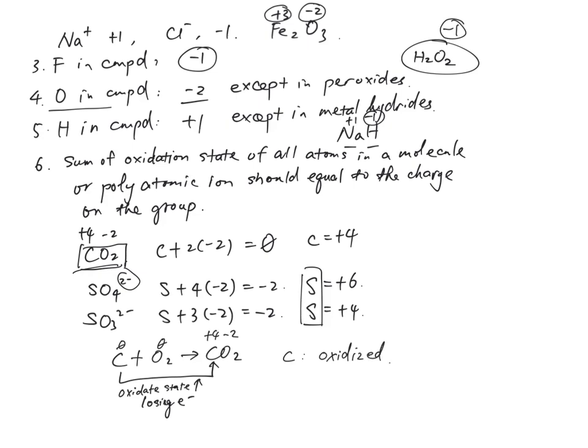So carbon is oxidized, and of course in this case then oxygen is going from 0 to -2, so oxygen is reduced, oxidation state going down, okay, and that makes your carbon the reducing agent, and that makes your compound O2 the oxidizing agent.